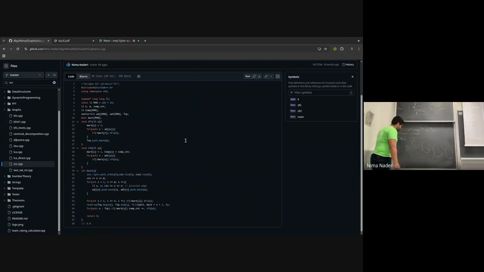We know that it has some cycles, but the topological sort is telling us that all the edges go from left to right, for example. The trick is to start from the last one and do a kind of DFS to understand the whole component, the vertices that it can reach, and this would be the last component of the SCC. And we can just remove it and continue with the other part. This is the whole idea.